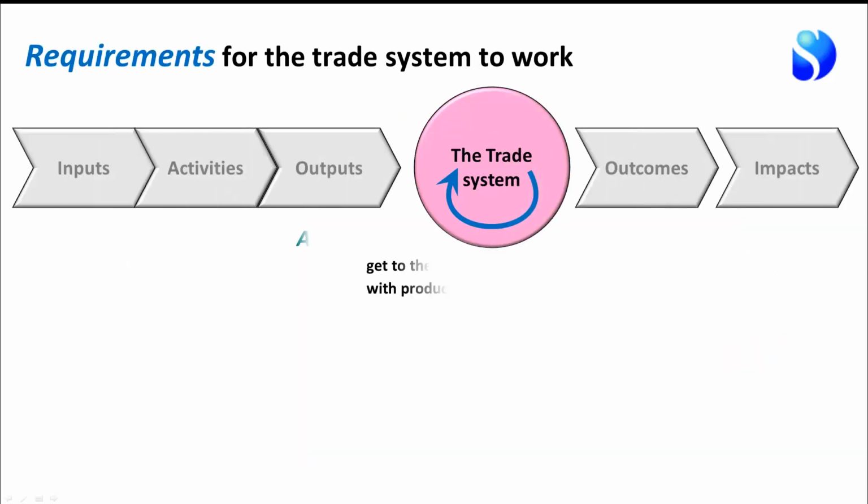So if we are going to get the trade system to work, we've got to deal with three broad stages of improvement. The first is we have to make it possible for people to get to the border crossing or port through which they might export and get there with products or services that they can actually sell. So access is the first issue.